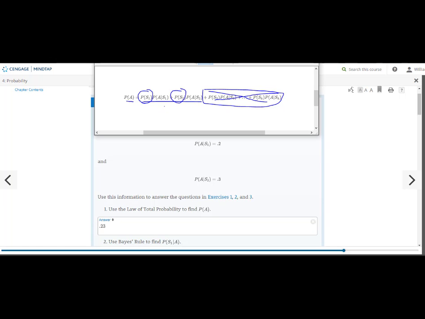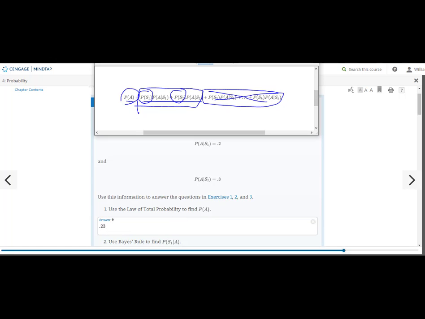So we have all the terms. We can just put them in and calculate this here, and that's going to be the probability of A. If you do that, apparently the answer is 0.23.